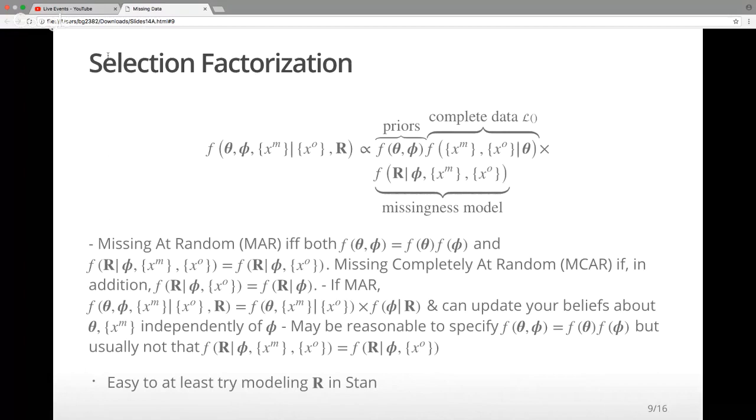It only depends on phi, the parameters, and things that are observed. If that's the case, if it simplifies down so the missingness doesn't matter here, we say that the data generating process is missing at random. And moreover, as a further special case, the data generating process is missing completely at random if, in addition, the missingness model doesn't even depend on the observed values of x.